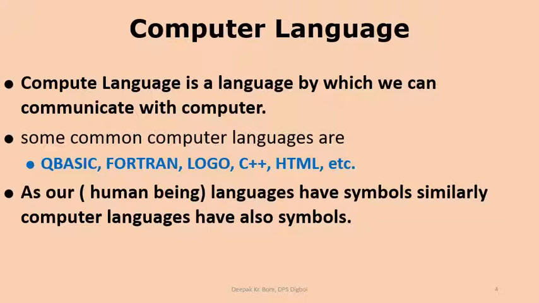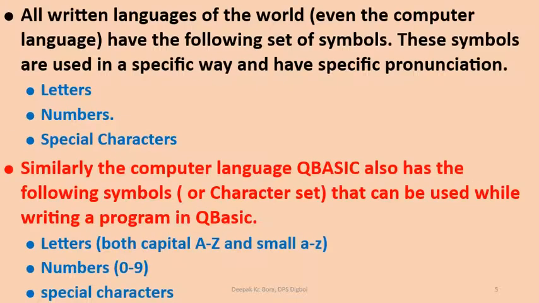As human languages have symbols, similarly computer languages also have symbols. All written languages of the world, even computer languages, have the following set of symbols. These symbols are used in a specific way and have specific pronunciation.